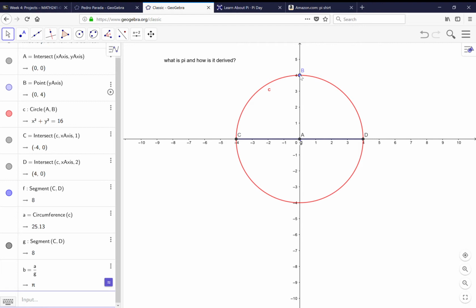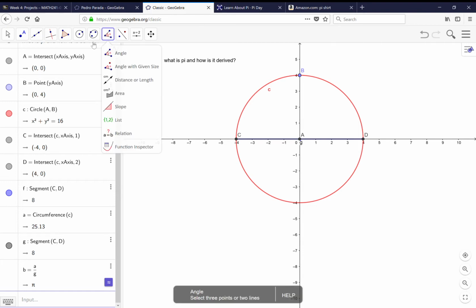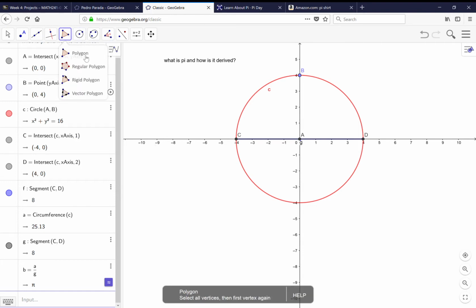Before this, people tried to estimate the area of a circle using a polygon, like a really big polygon.